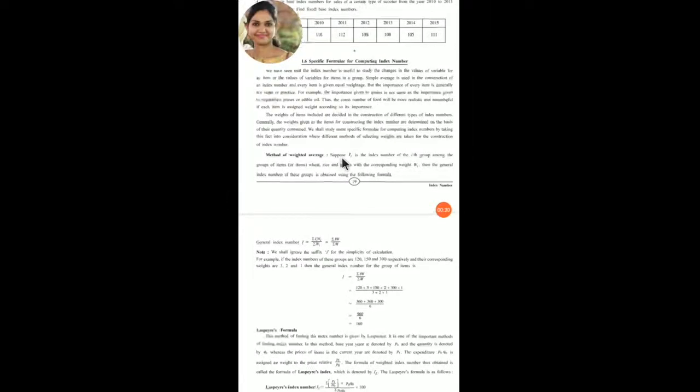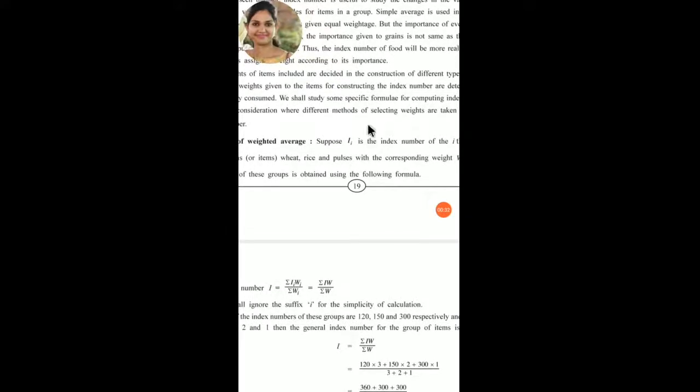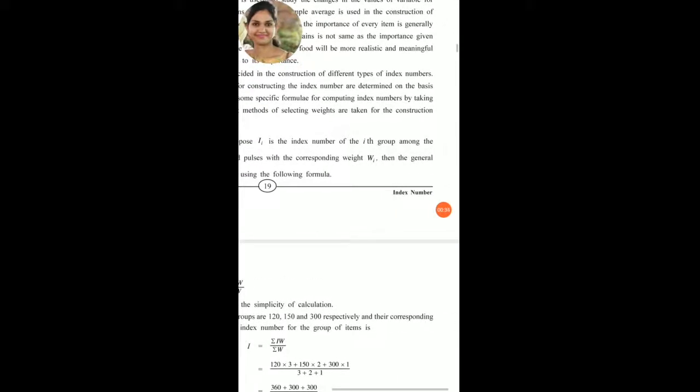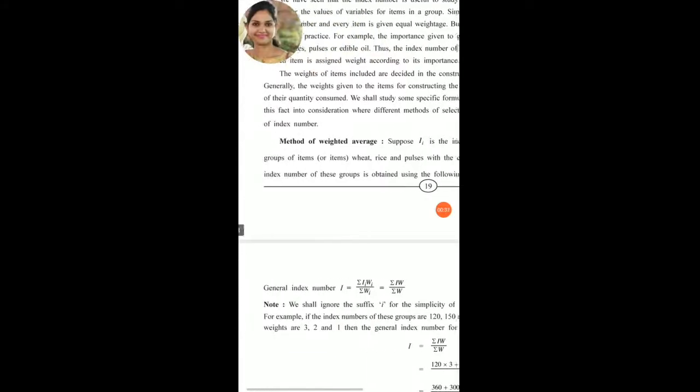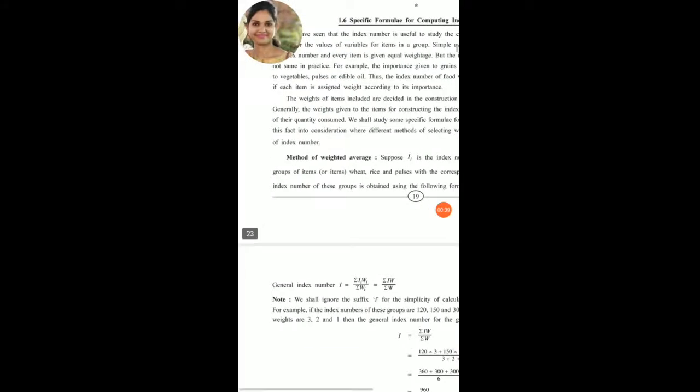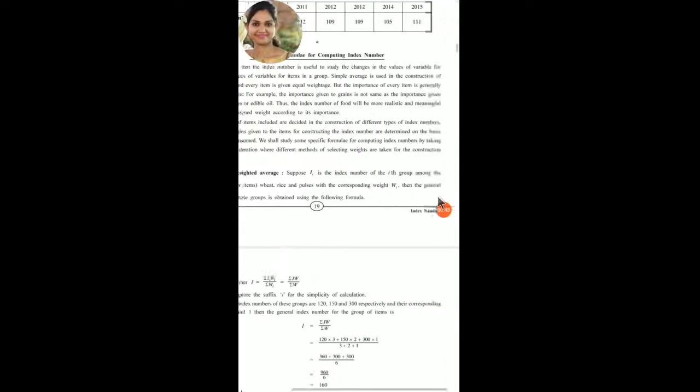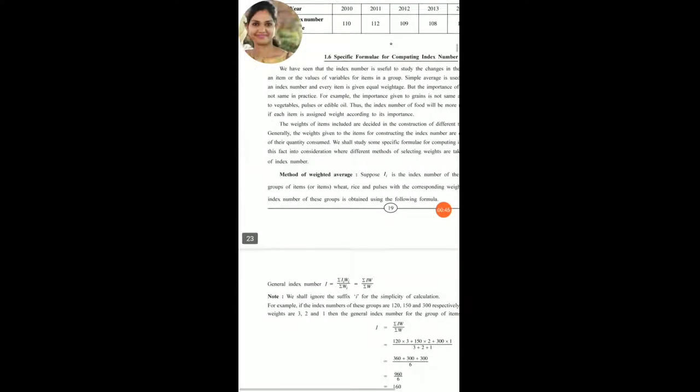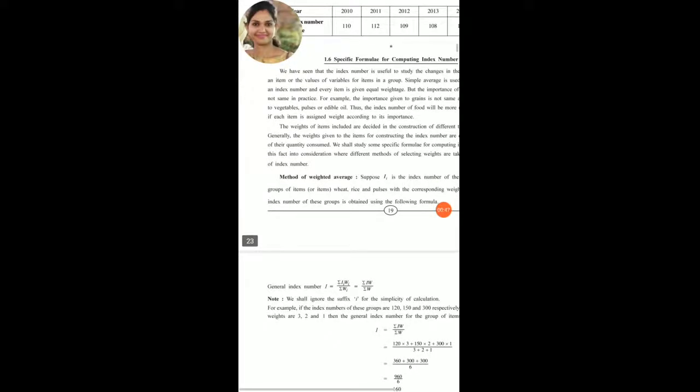Okay, see here. Suppose I means the index number. Suppose I is the index number of the ith group among the groups of items wheat, rice and pulses with a corresponding weight W, then the general index number of these groups is obtained using the following formula.